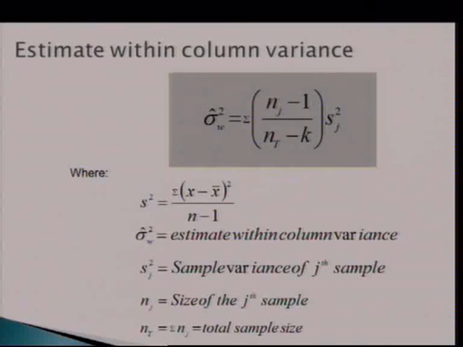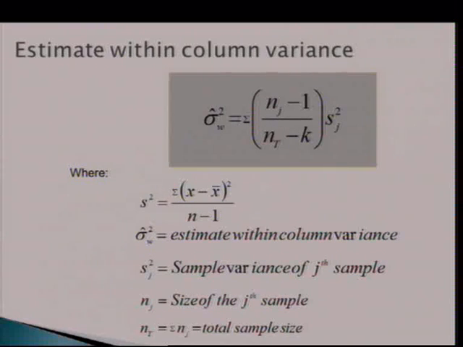Similarly, we can define the within column variance. The only change in notation is that in place of B for the between column variance, we use W for the within column variance. So it is the summation over Nj minus 1 divided by Nt minus k, multiplied by Sj square, where S square itself is the variance, summation over x minus x bar whole square divided by n minus 1.